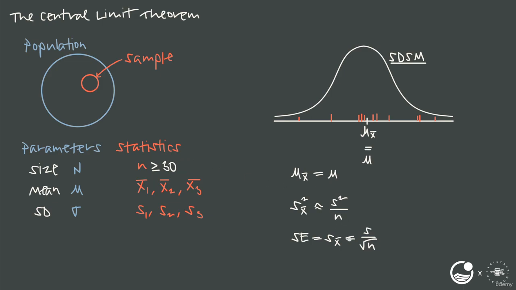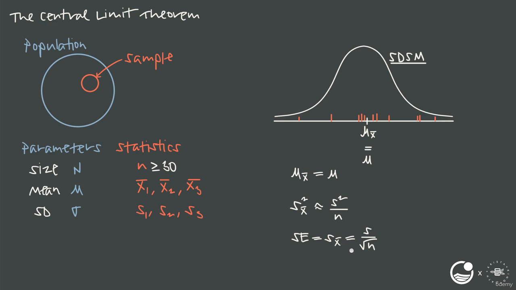And therefore, remember that standard deviation is always the square root of variance. So as you might expect, if we take the square root of s squared divided by n, the square root of s squared is just s, and the square root of n is the square root of n. So the standard deviation of the sampling distribution of the sample mean is s divided by square root of n, or the standard deviation of our single sample divided by the square root of the sample size.